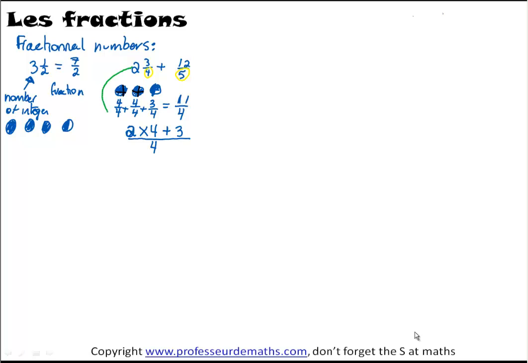So you do this: 2 is here, you take the 3 that is at the numerator and you add it, and you take this 4 and you multiply it by the 2, and you also put it at the denominator. Alright, so that's the formula to transform a fractional number into a fraction in seconds.